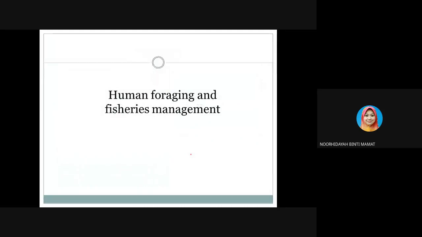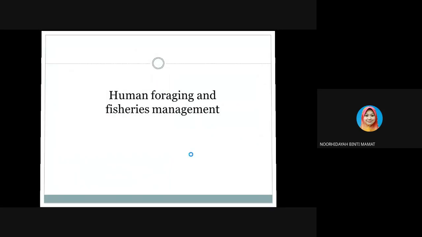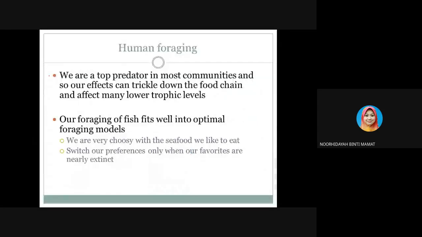Okay, so we move to human foraging and fisheries management. Humans are a top predator in most communities, so our effect can trickle down the food chain and affect many lower trophic levels. Our foraging of fish fits well into optimal foraging models because we are very choosy.